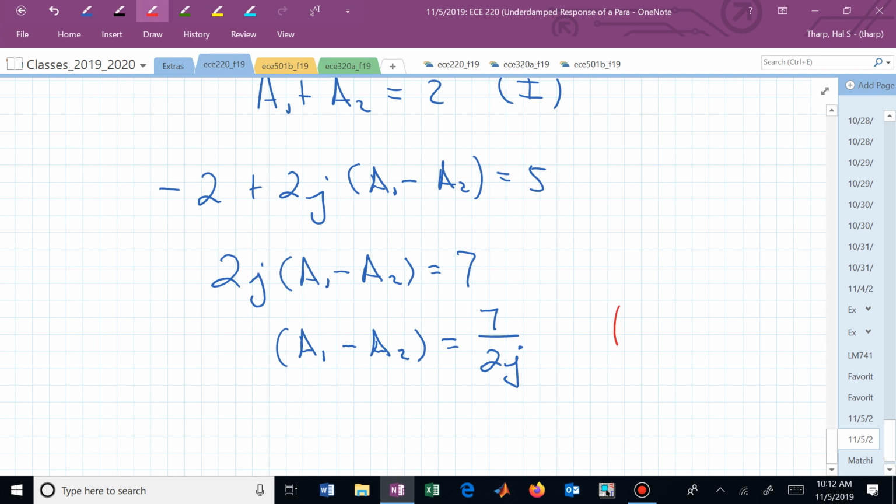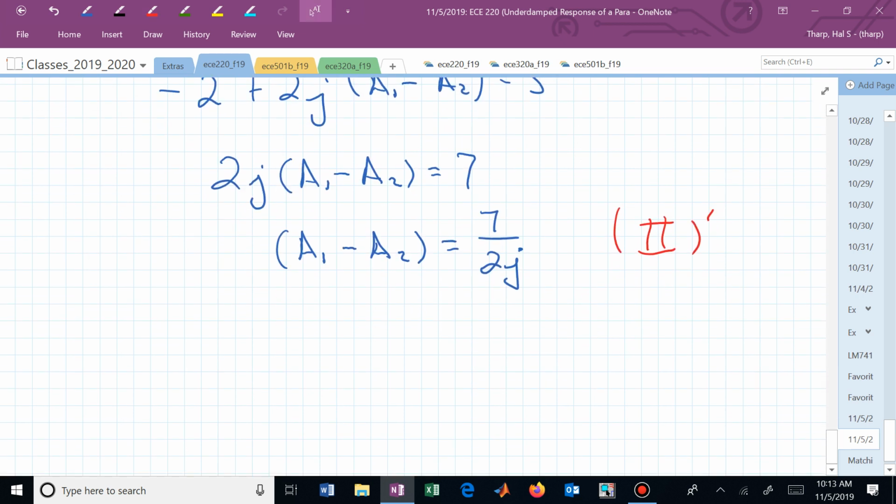And that, I'm going to say, you know, that looks a little less involved. Let's call that 2 prime. I'm now going to use 1 and 2 prime to solve for A1 and A2. I had A1 plus A2 equal to 2.